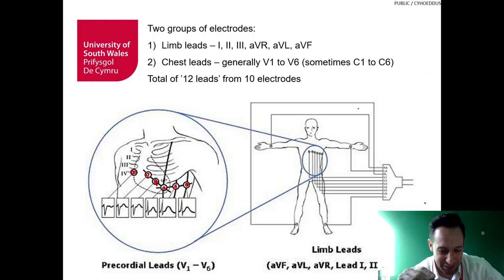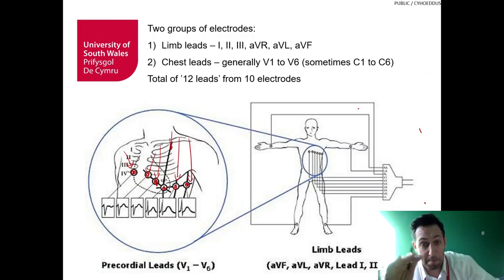Okay, so we're putting these fourth intercostal space, right sternal edge, fourth intercostal space, left sternal edge. We then go on the mid-clavicular line onto the fifth intercostal space, then V3 goes between V2 and V4. V5 goes on the anterior axillary line, lateral to V4.